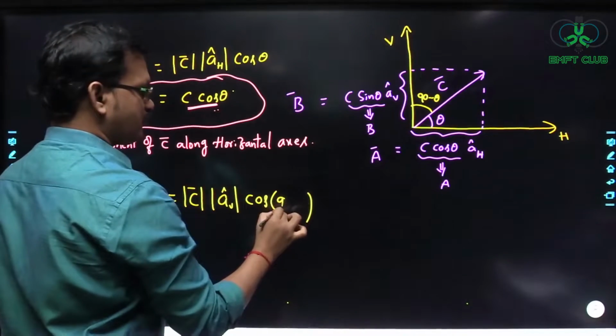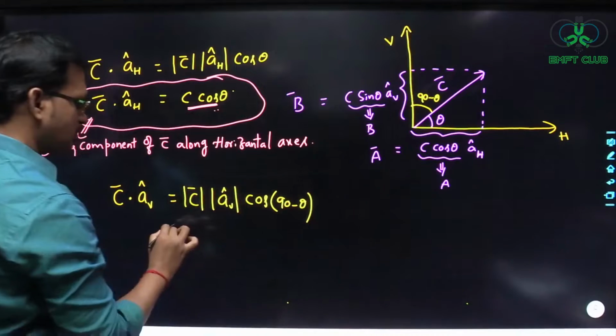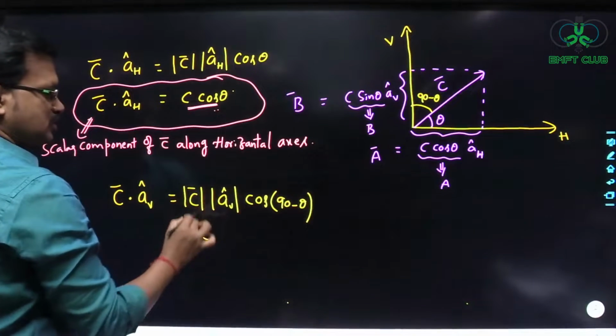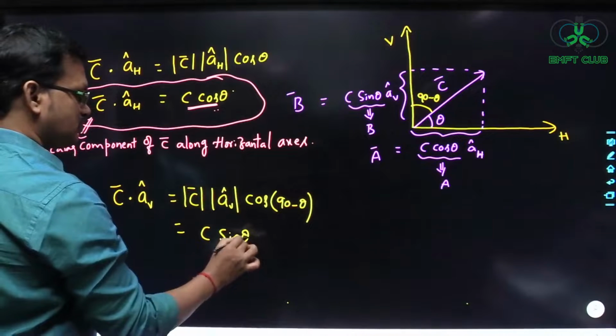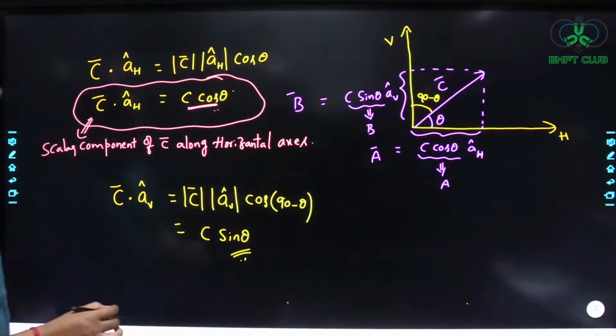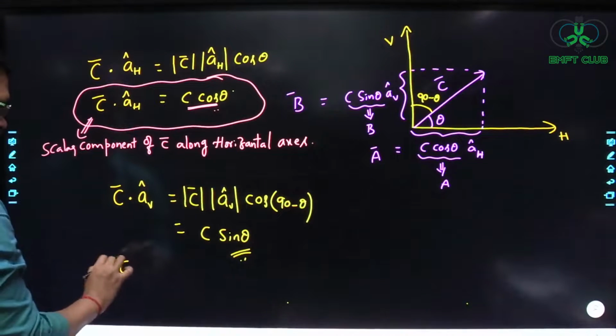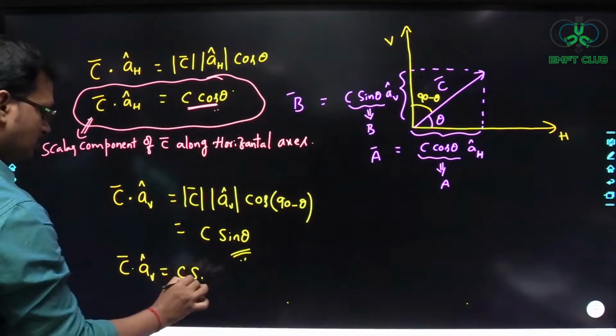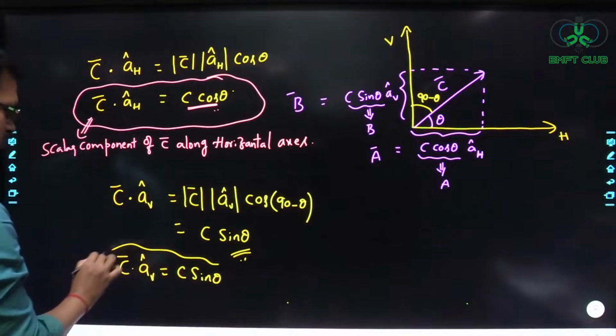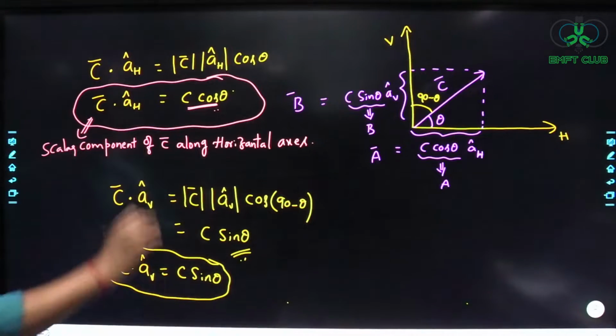So cos of 90 minus theta. You are going to get C into 1 into cos of 90 minus theta, which is nothing but sin theta. Understood? Therefore the component of C bar along the vertical axis is nothing but C sin theta, right?